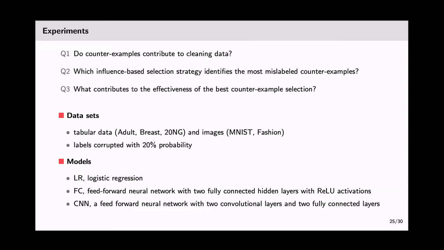So we use both tabular data sets and images. We corrupt our data set with 20% probability. And then we use 3 models: logistic regression, a feed-forward neural network, and a feed-forward network with 2 convolutional layers.